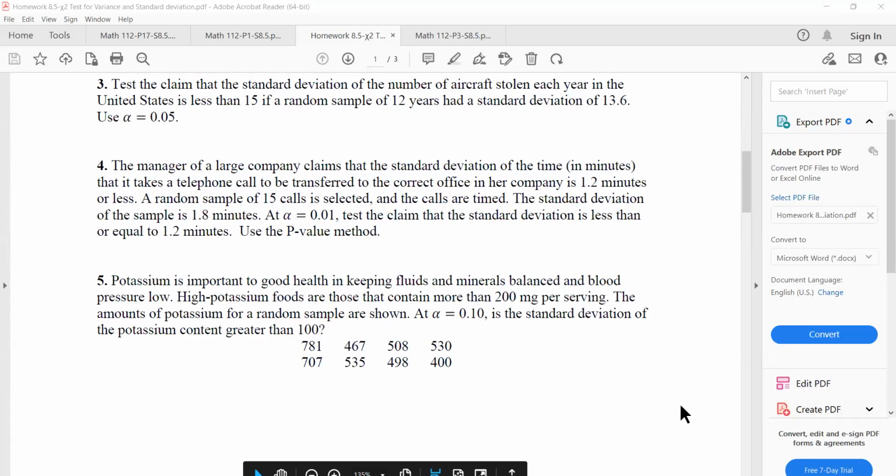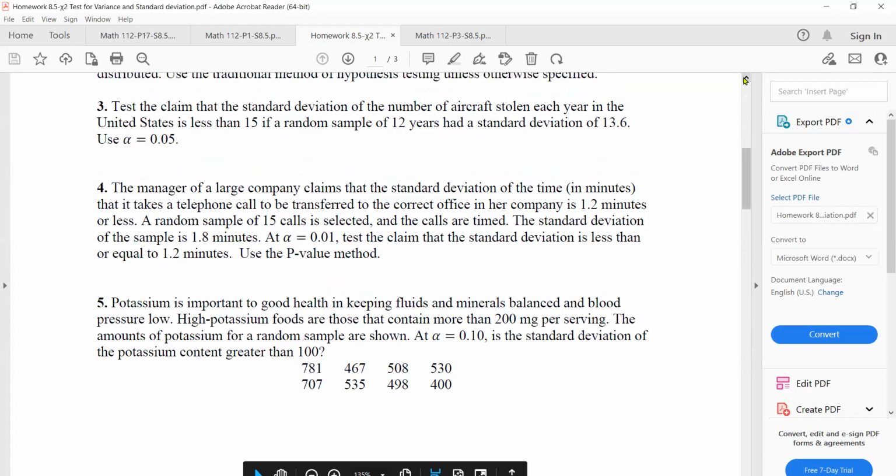So it says, test the claim, okay? Can't be more explicit than that. Test the claim that the standard deviation of the number of aircraft stolen each year in the United States is less than 15. So my claim is sigma is less than 15.